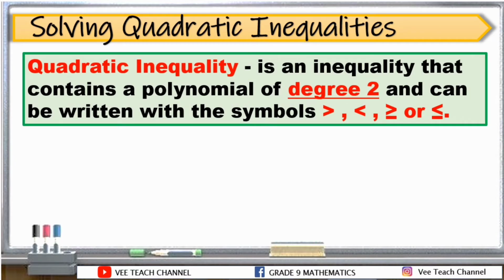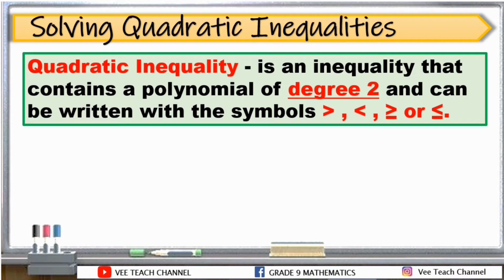Alright, a quadratic inequality is an inequality that contains a polynomial of degree 2 and can be written with the symbols greater than, less than, greater than or equal to, or less than or equal to. Again, I just want to emphasize that this is all about inequality, meaning not equal.